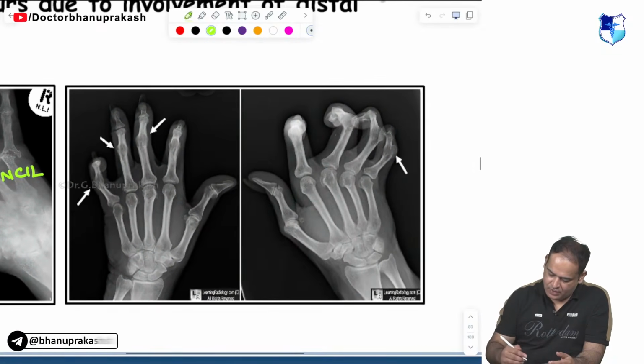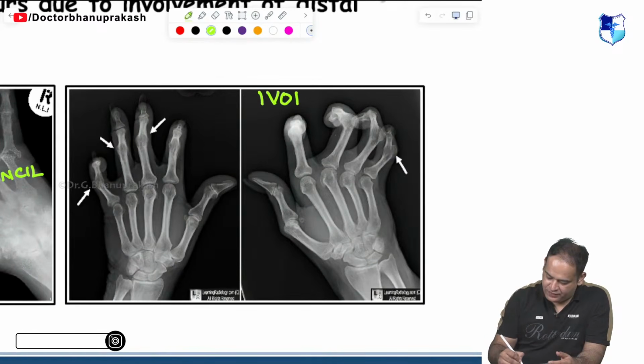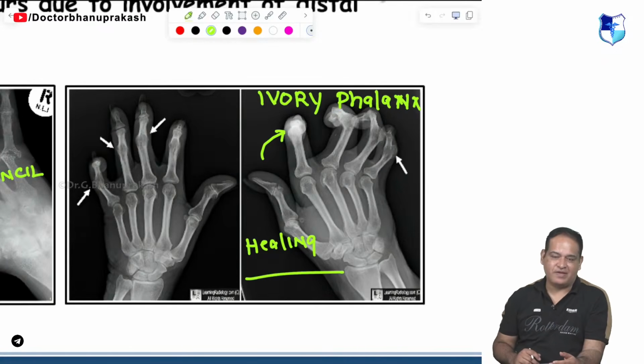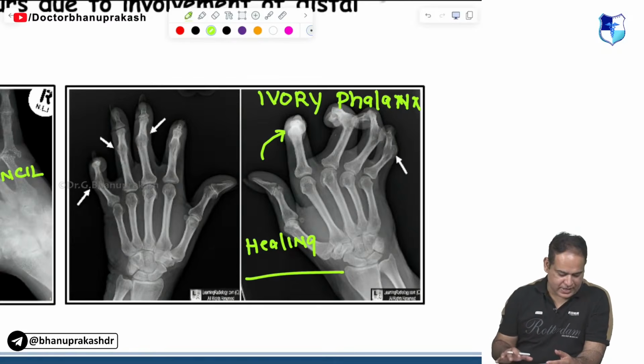Now here we get to see ivory phalanx. This ivory phalanx is seen in the healing phase. Ivory phalanx.